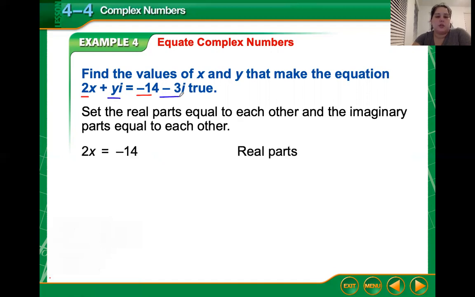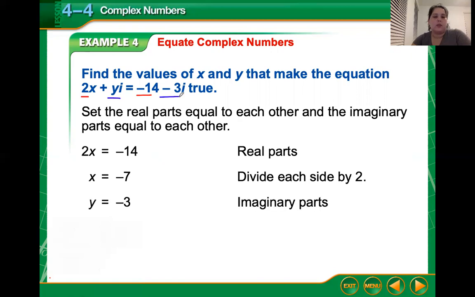So we do 2x equals negative 14 and solve for x and get negative 7, because we're going to divide each side by 2. We're then going to set the imaginary parts equal to each other. And we're not going to worry about the i because we have yi equals negative 3i. The i's cancel out. And we're left with negative 3.